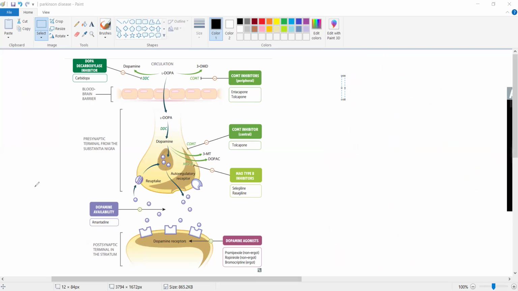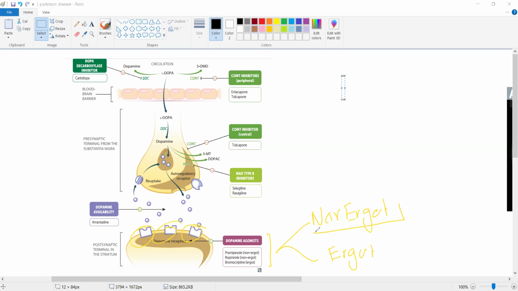Okay. So I'm dividing the drugs into many types. First is dopamine agonist. So dopamine agonist drugs directly act on dopamine receptors, right? They are divided into two types: non-ergot and ergot derivative.